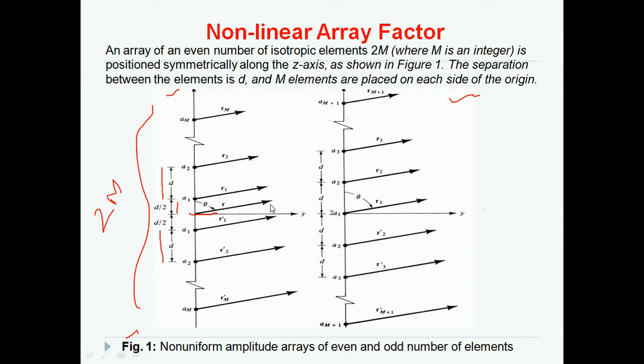Since A1 is at a distance d by 2, at the far field its phase difference would be psi by 2.